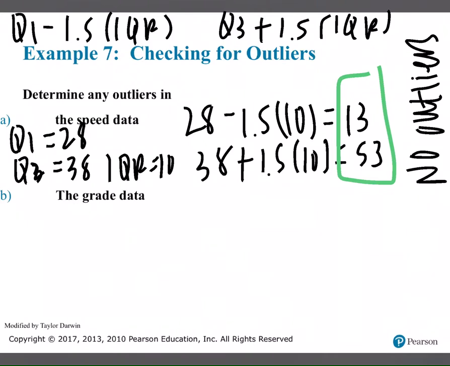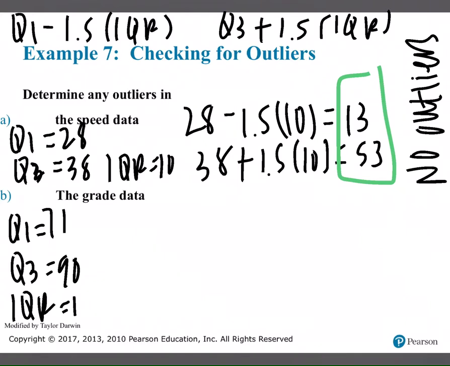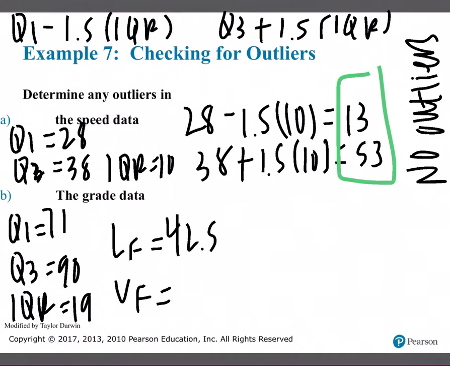Okay, grade data. So Q1 was 71. Q3 was 90. IQR is 19. If we do this again, plug in this formula for my lower fence, you will get 42.5. For my upper fence, you will get 118.5.